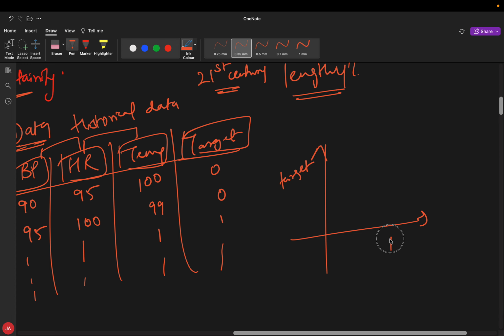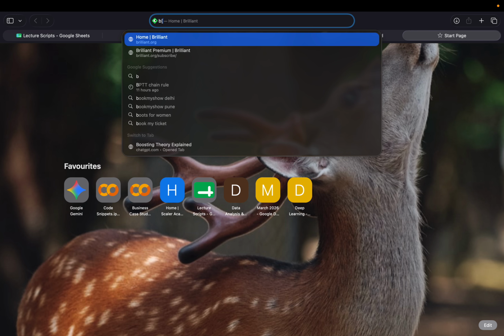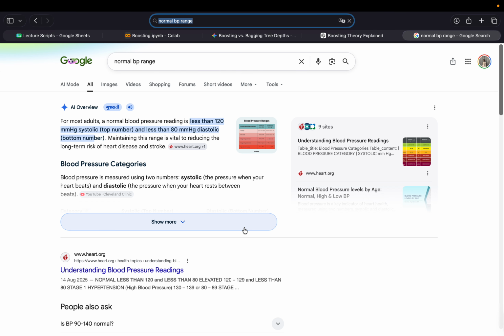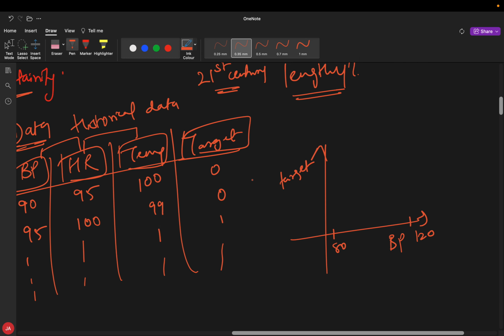Let's take BP. Say BP ranges from 80 to 120. I don't know whether the BP range is normal. BP range is 80 to 120, and we have the data as a histogram plot like this.